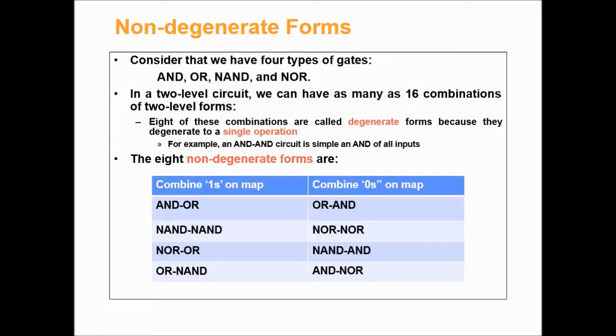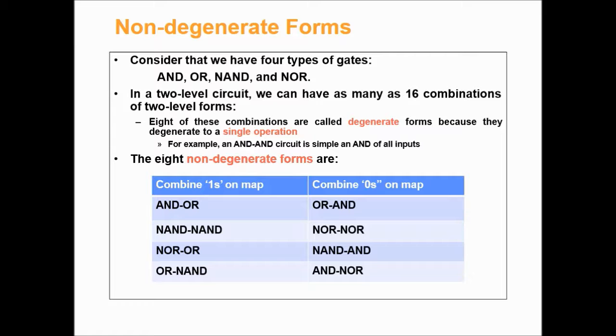It will be instructive from a theoretical point of view to find out how many two-level combinations of gates are possible. We consider four types of gates: AND, OR, NAND, and NOR.